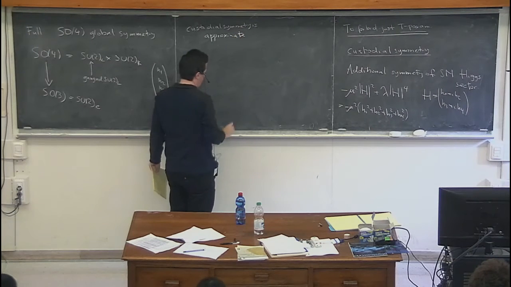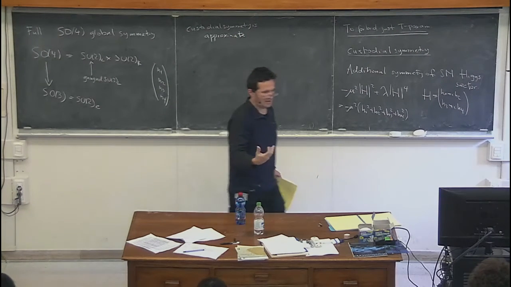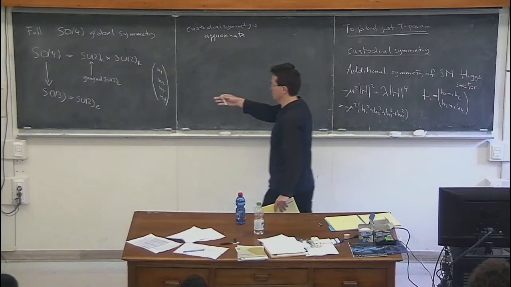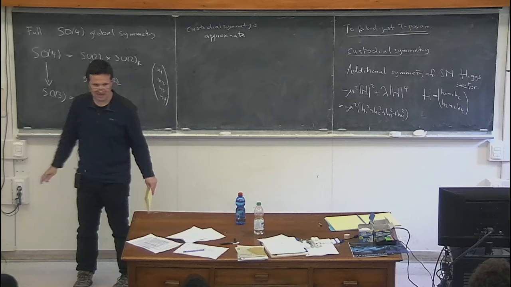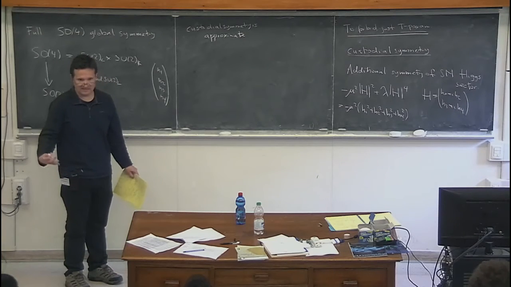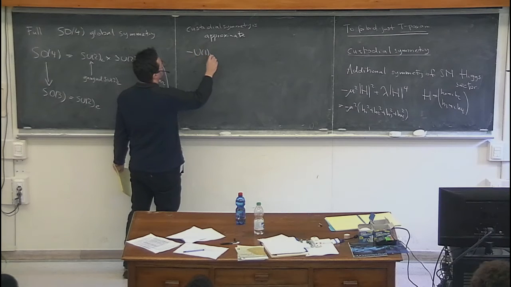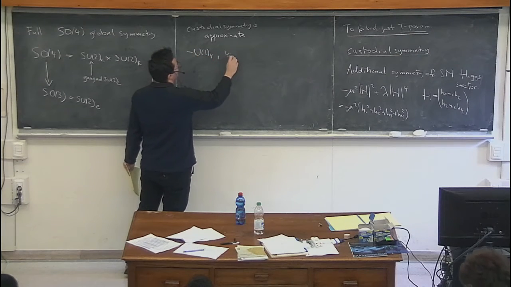So it's not an exact symmetry, meaning that a part of the standard model, namely the Higgs sector and the SU2 left gauge interactions, leave it as an exact symmetry, and then U1 hypercharge and the Yukawa couplings break it.